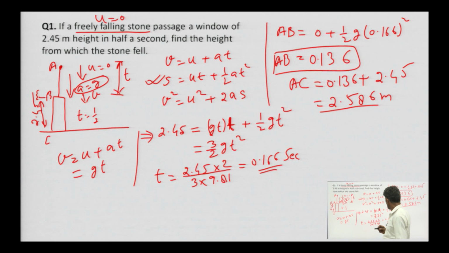In the last question we actually made a mistake. We used 2.45 equal to g into t plus half g t square. Here, what is the value of t? The value of t is half here actually.